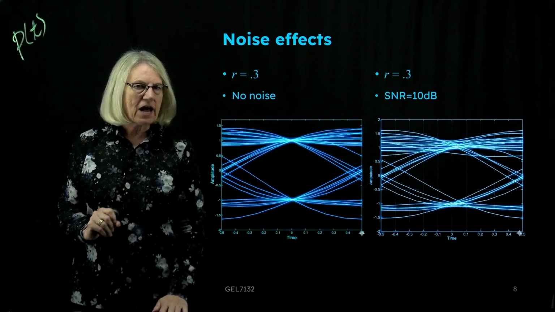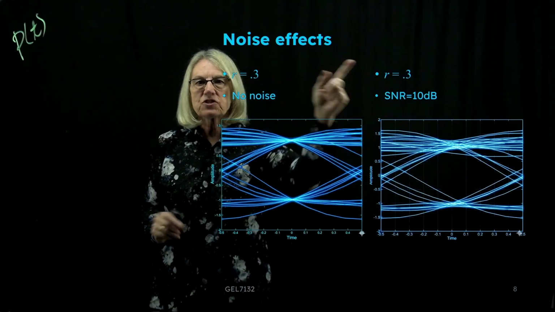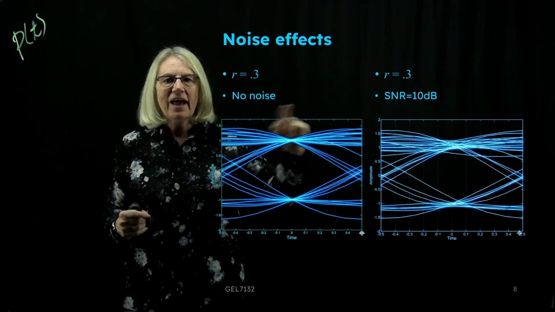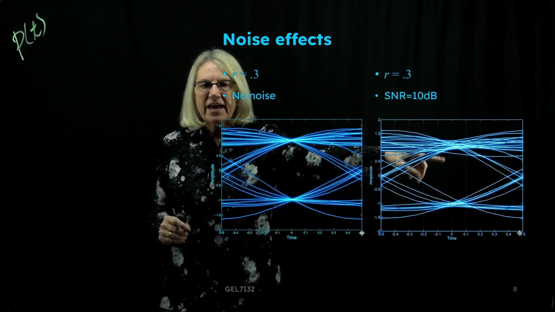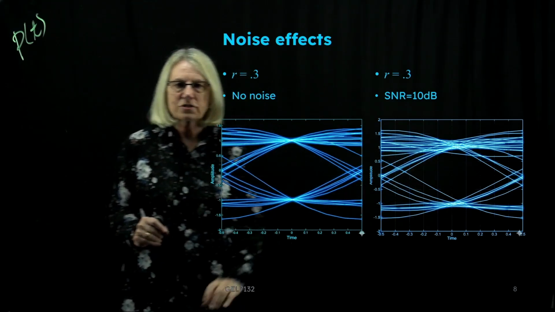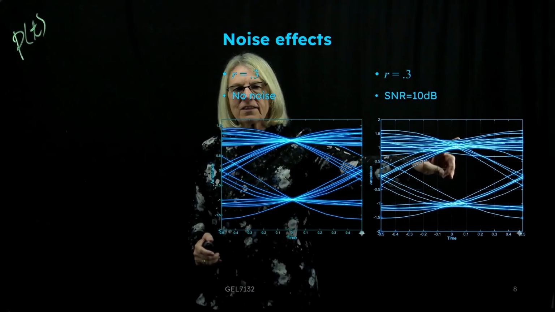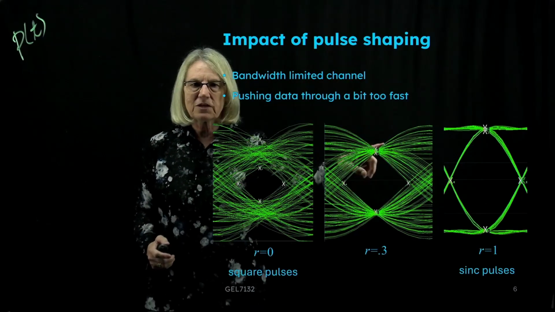Now, in that same context, suppose I used the same level of distortion. Let's say I used a certain pulse shaping, and in this case I have no noise at all. In this case I add noise. And of course, we can see that the eye is a little more closed. My point in showing you this is just that if I look at the noise here, it doesn't look terribly different from the noise here.